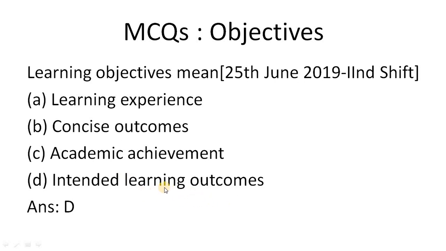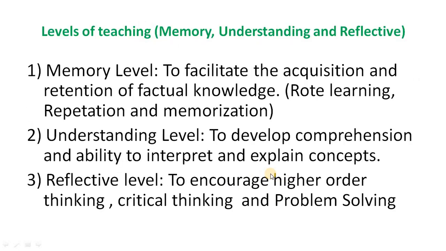You know that our main objectives of teaching are the intended learning outcomes, what we give in the teaching, whether we are getting all the outcomes or not. Now levels of teaching: we know there are three levels of teaching, memory, understanding and reflective.